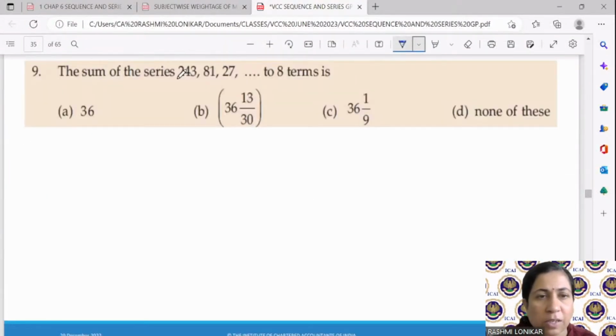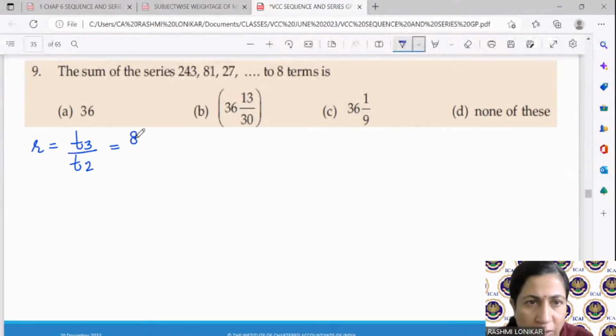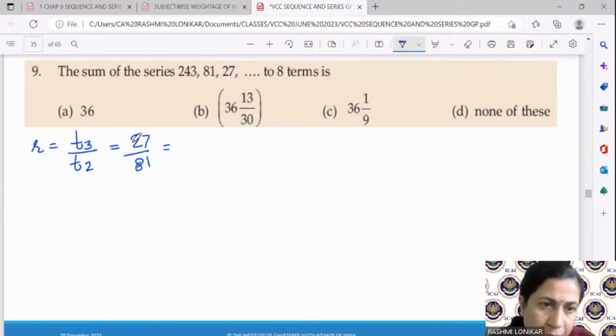Now the sum of the series. As you can see, the numbers are decreasing, so the value of R is going to be less than 1. R is equal to T3 upon T2, T3 is 27, so 27 upon 81. 9 3s are 27, 9 9s are 81, so it is equal to 1 by 3.